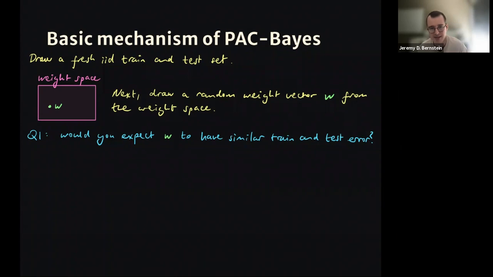You've not looked at the test set and used that to inform which W you chose. You chose a random W. The law of large numbers says that these are two empirical estimates of a mean computed with a large number of samples, so they're both going to give you quite good estimates of the population mean, typically.